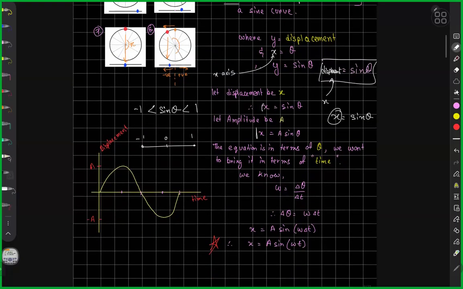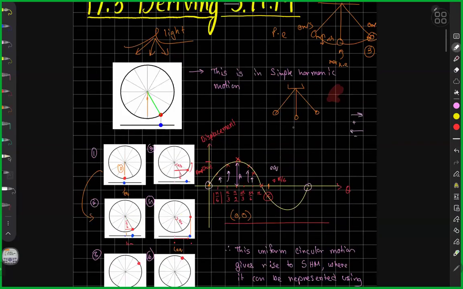So now this is your formula for displacement of an oscillating object, if you know the theta of that object, or at what theta the object is. Let's say my object starts oscillating from this position, this is my initial equilibrium position. If it's at that position, what is the theta?